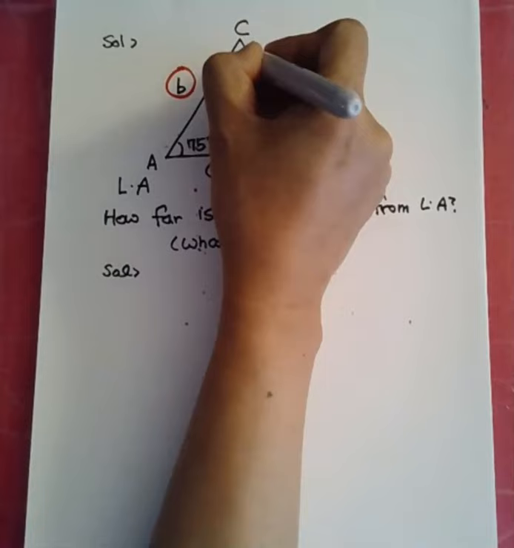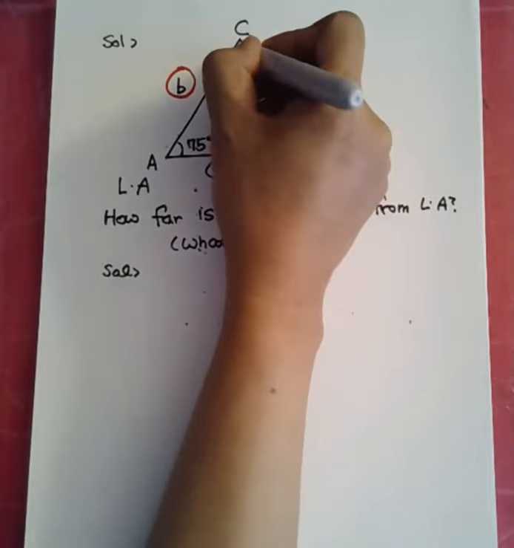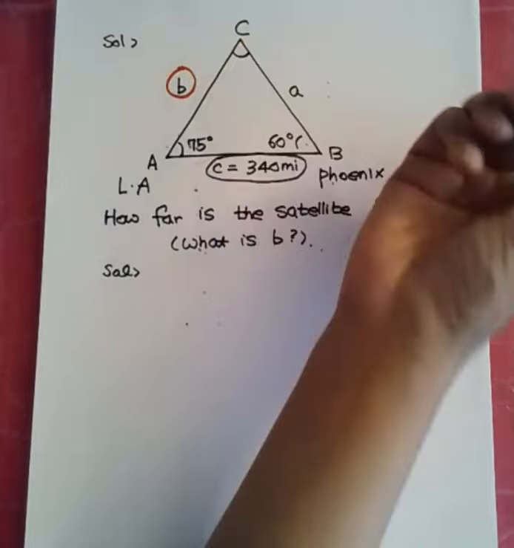So we have to use this angle C. Let's calculate the angle C. Two angles are given, so the angle C is 180 minus 75 minus 60 degrees, and then you are getting 45 degrees. So we calculated this angle, that was 45 degrees.